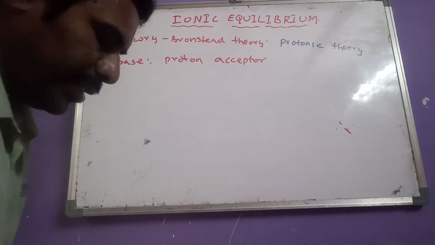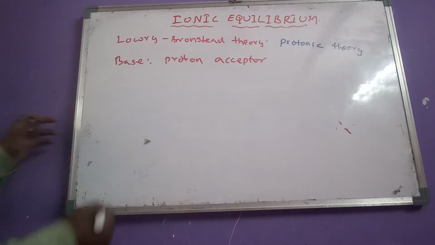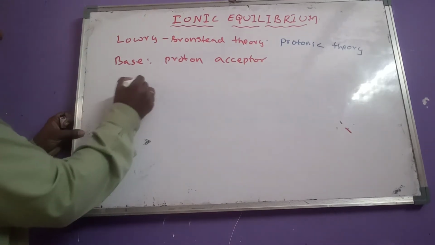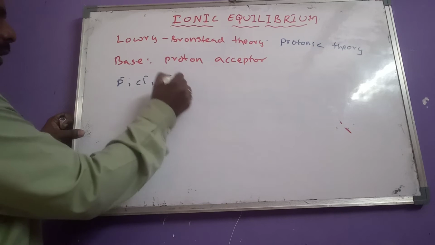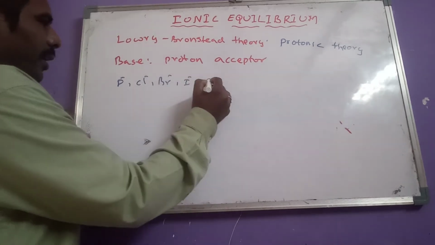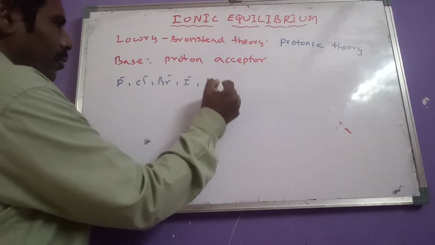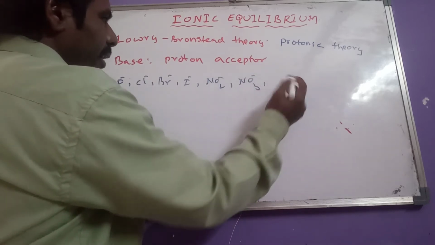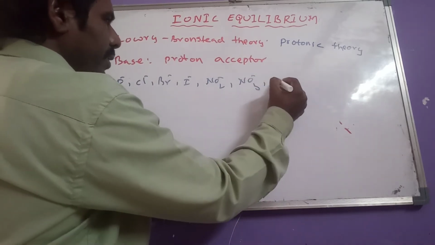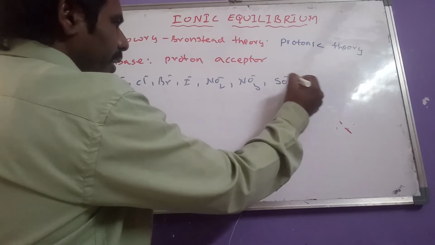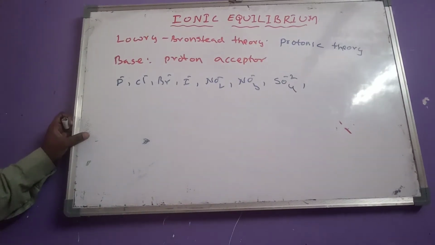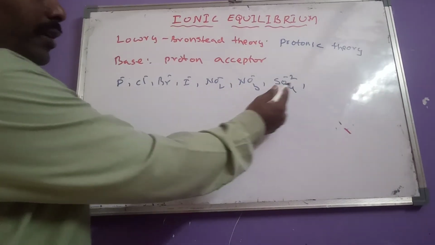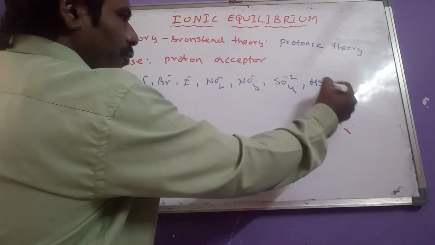So now let us see examples of bases here: F minus, Cl minus, Br minus, I minus, and next NO2 minus, NO3 minus. Then from the next, we have to go for some examples. SO4 minus 2: by accepting a proton, it forms HSO4 minus.